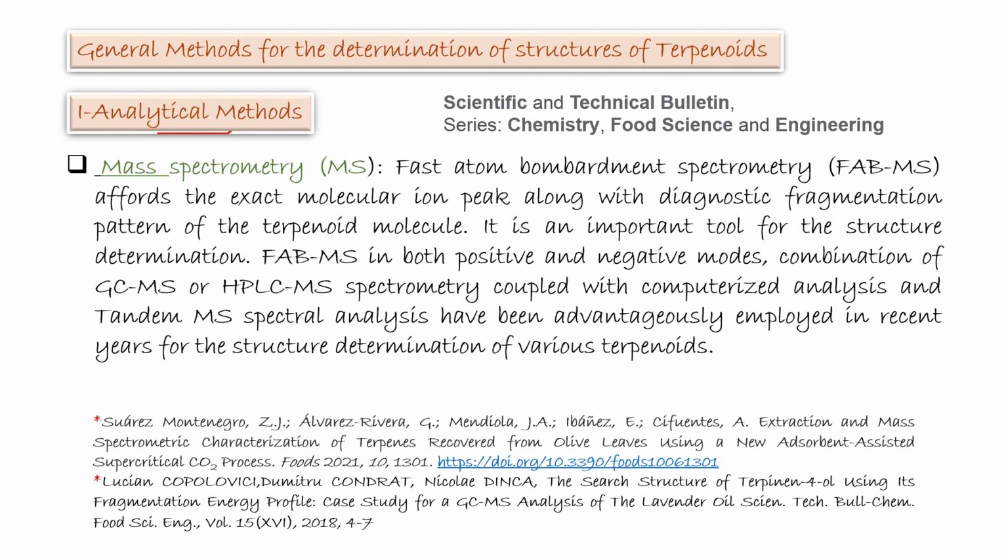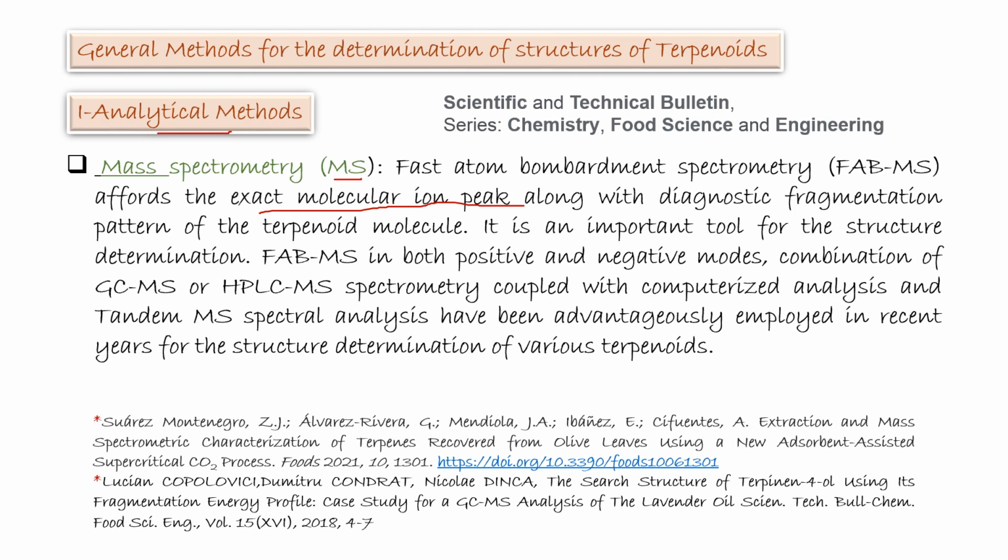So, mass spectrometry, MS, fast atom bombardment spectrometry, affords the exact molecular ion peaks along with diagnostic fragmentation pattern of the terpenoid molecule. It is an important tool for the structure determination.